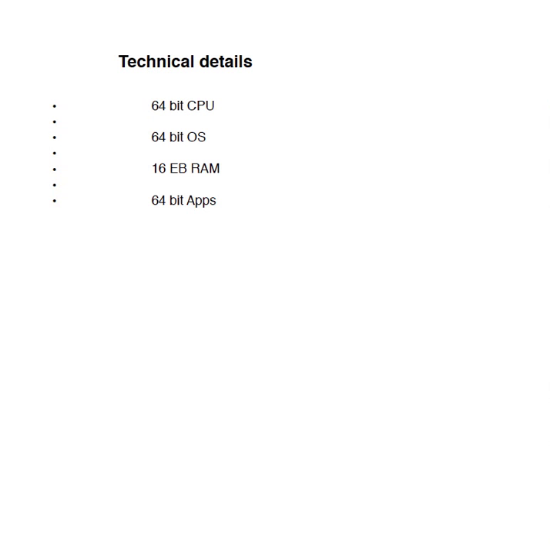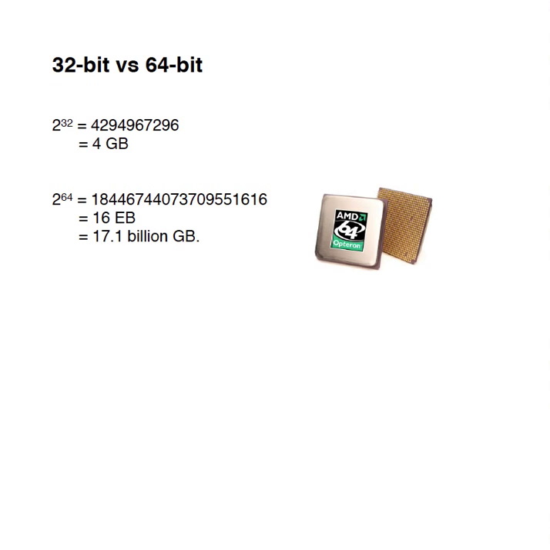So we can accommodate up to 16 exabytes of RAM. That's huge, and all the apps are made for 64-bit processing. That's cool. So why do we need 64-bit computing? Let's see what's the difference between 32-bit computing and 64-bit computing.